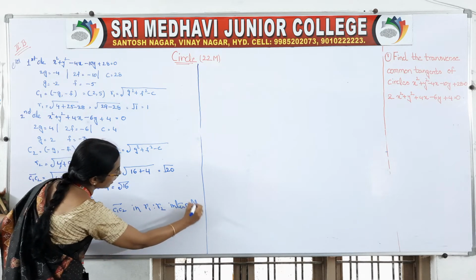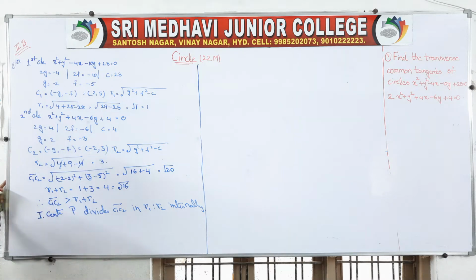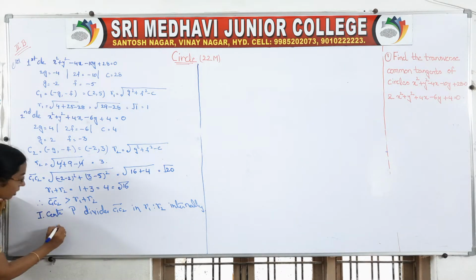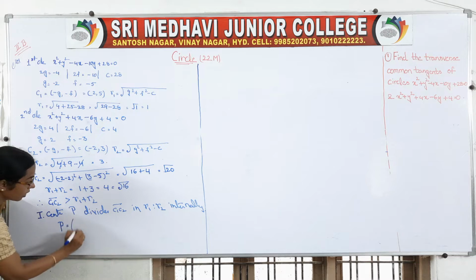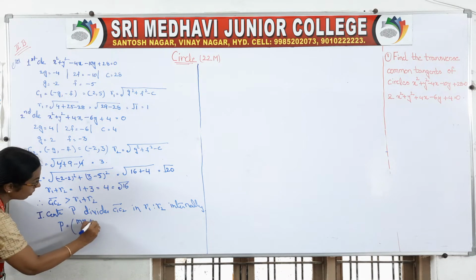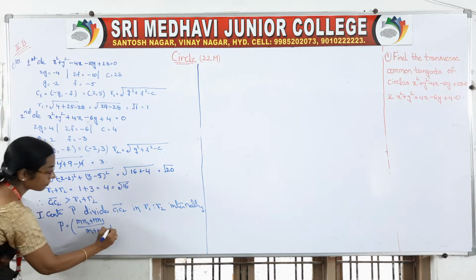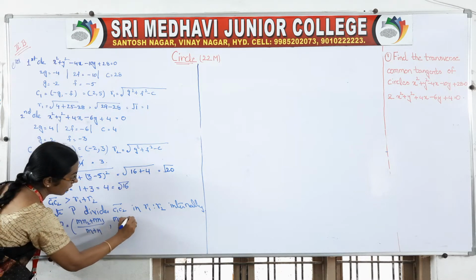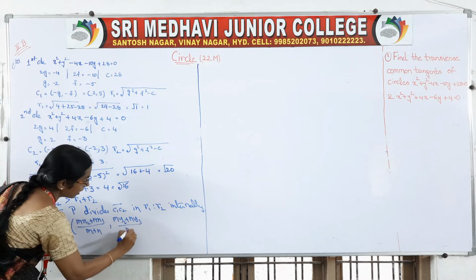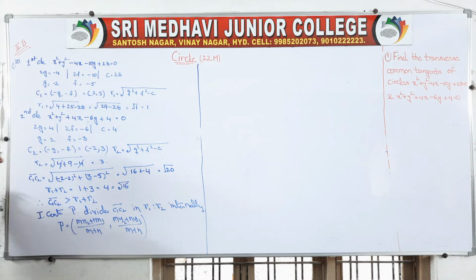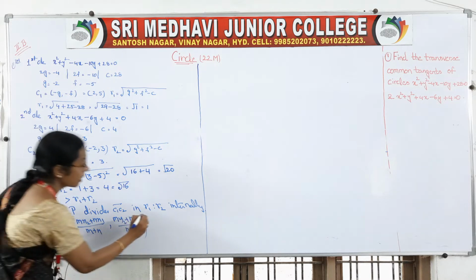That's why we call it the internal center. So what will be your P? P is equal to mx2 plus nx1 by m plus n, comma, my2 plus ny1 by m plus n. Now you give what is your m, n, x1, y1.